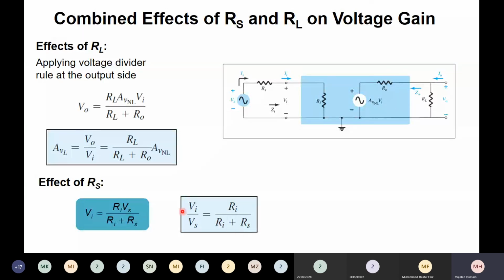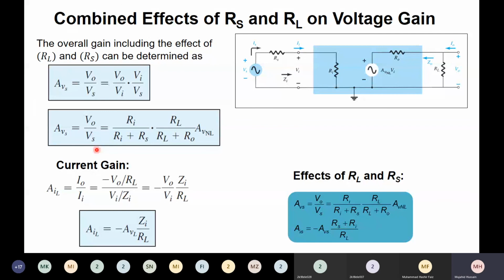Now we are going to use these two equations to find out the overall gain. The combined effect of RL and RS using the two-port network system can be determined by rewriting this equation and multiplying it by Vin and dividing by Vin. So V0 over Vi is actually Ri over Ri plus Rs.